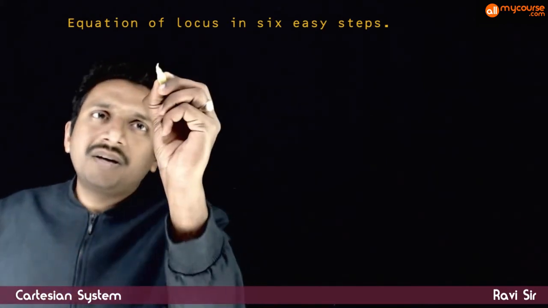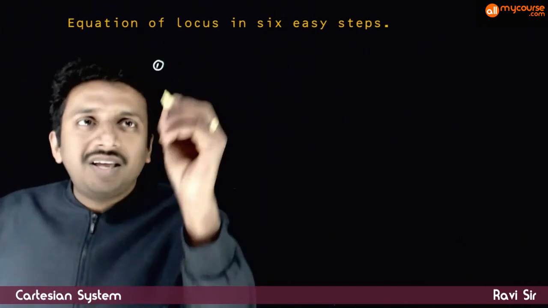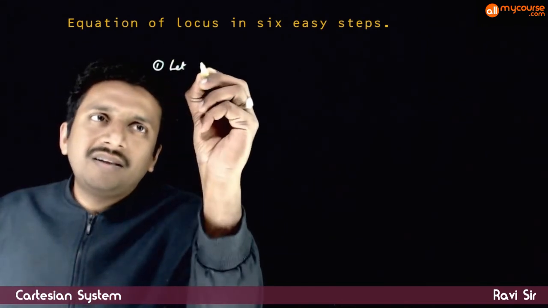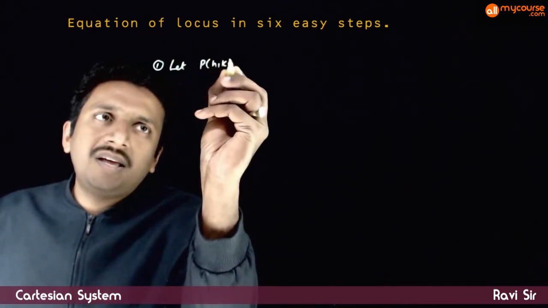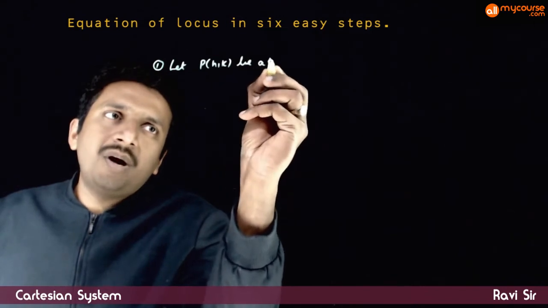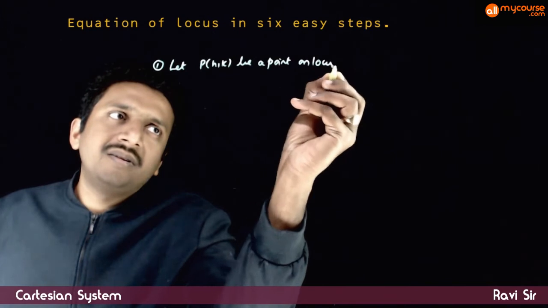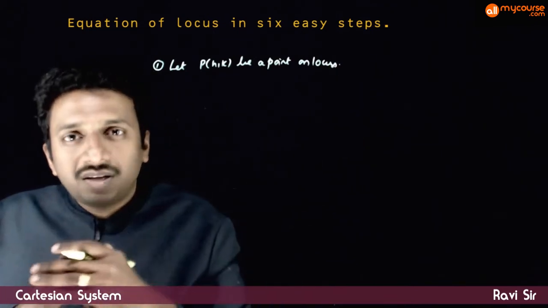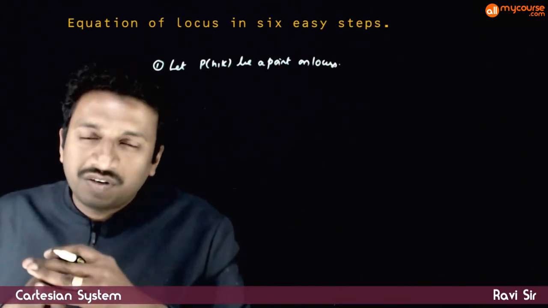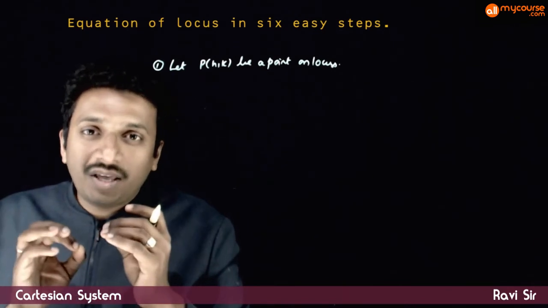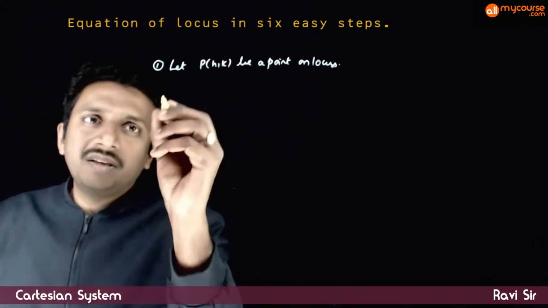The first step whenever you do a locus question is to let P(h, k) be a point on the locus. This is the usual point where we start our locus questions.